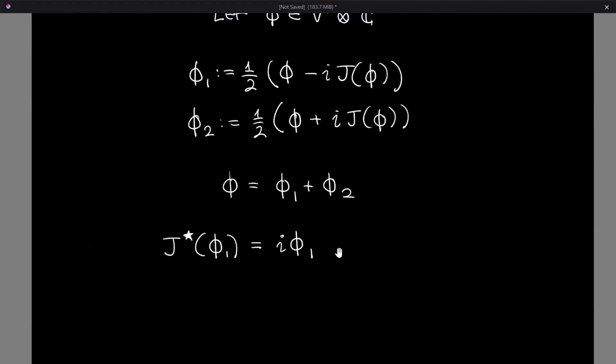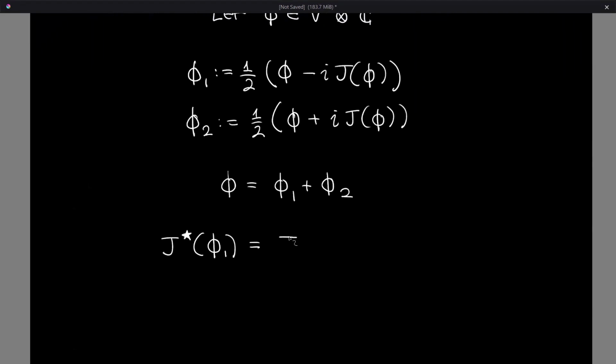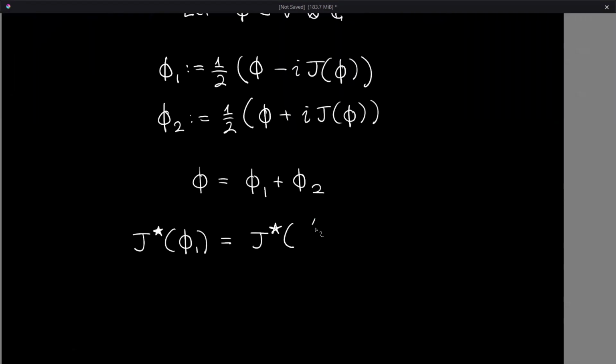Let's see if we can work that out. I'll work out one of them and leave the other one. Half phi minus i by 2 J of phi, but this should also be J star of phi.